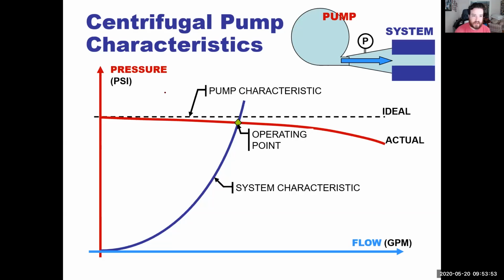We're sticking with just the centrifugal pump. Here we have pressure, and we have flow on the bottom. This dotted line right here is our ideal. This is what our calculations say that we should be getting. This is what the pump is designed to do.